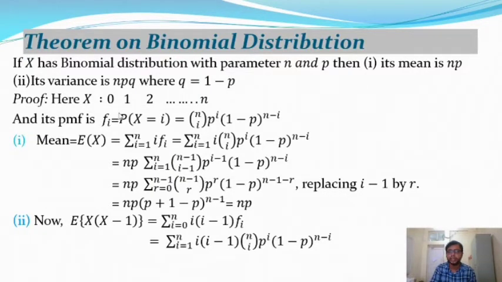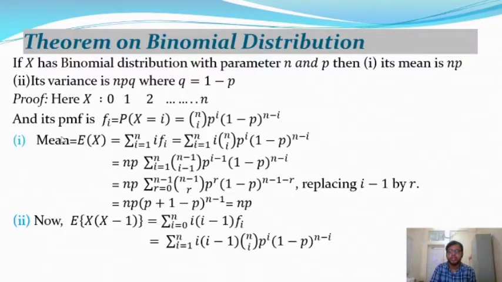Here x is the random variable and x is equal to 1, 2, 3 up to n. So here x is a discrete random variable in that case. Its probability mass function is fi, and fi is equal to the probability of x equal to i. In a binomial distribution, it is nCi p to the power i into (1 minus p) whole to the power n minus i.